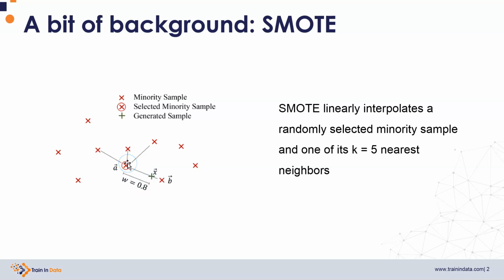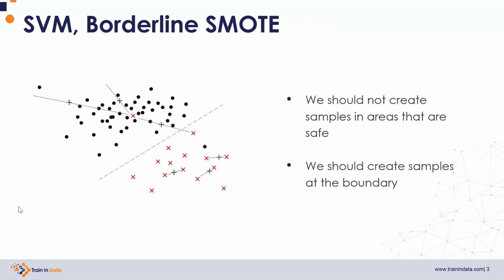Some people thought that with SMOTE, we would be creating examples in what are called safe areas. As you can see in this diagram, the separation of the two classes passes around here, so it shouldn't be necessary to create new examples in this area, which is the safe area.